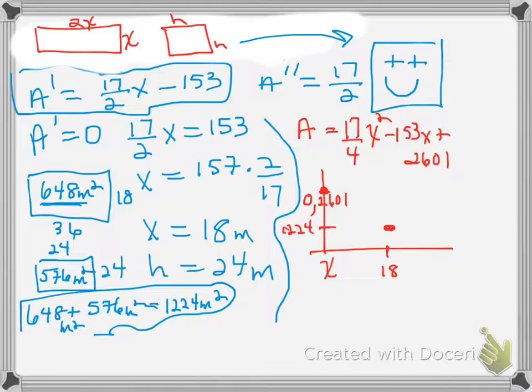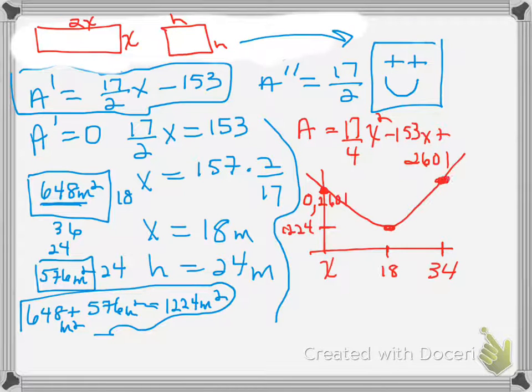So 204 divided by 6 gives me 34. So if I instead used everything for the rectangle and I have my x set at 34, what does that give me? That's the other extreme. That's the other endpoint.